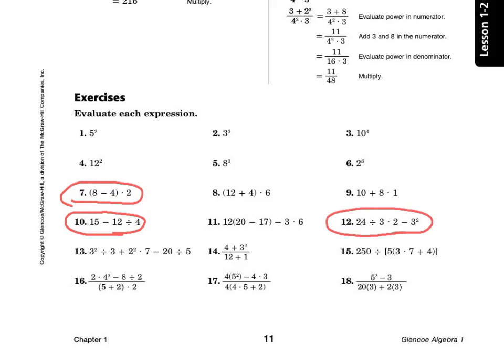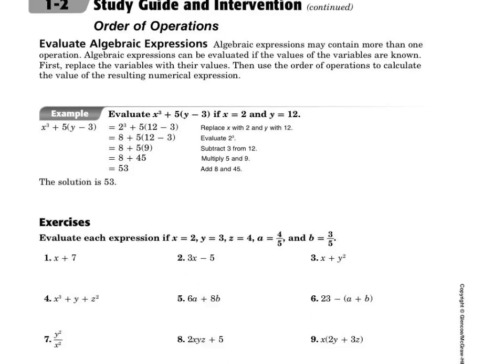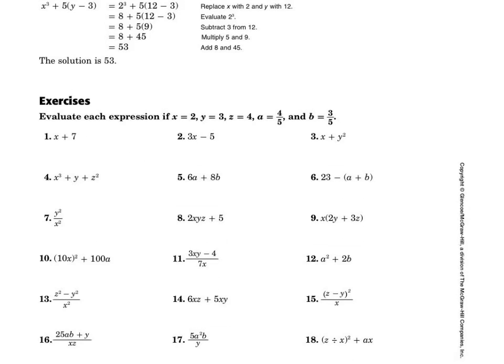And lastly, number 14. 7, 10, 12, and 14. And then in looking at algebraic expressions on this page, note that your variables are defined right here. So for these, I'm just going to have you do 2 of them. Go ahead and do number 5 and number 9.